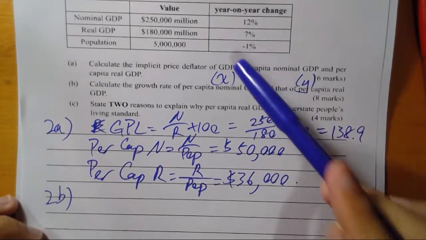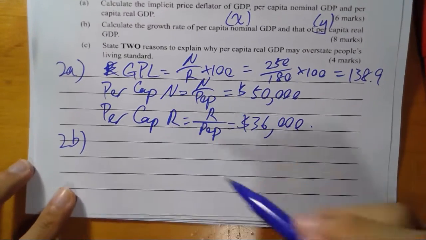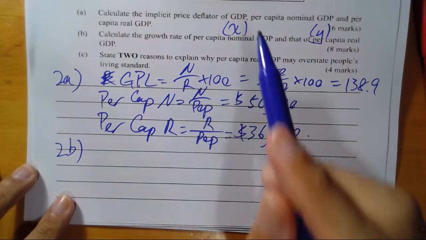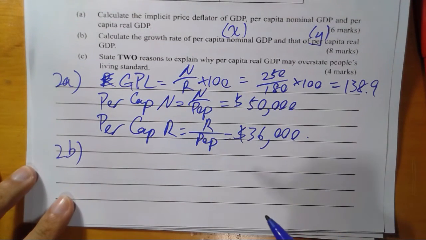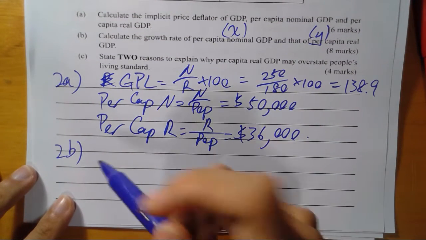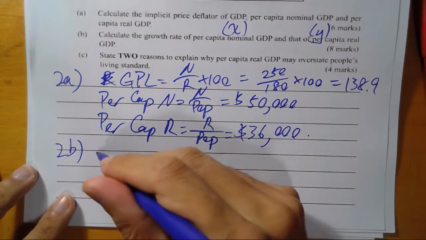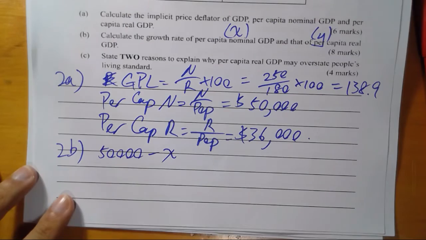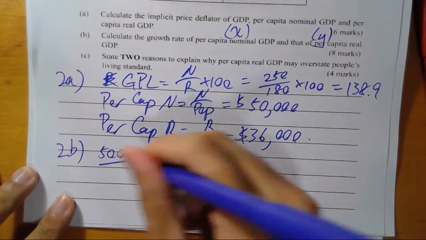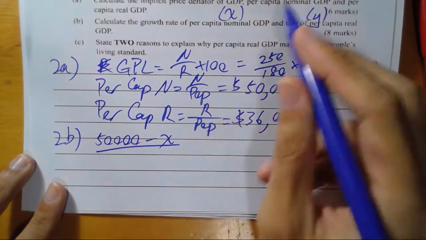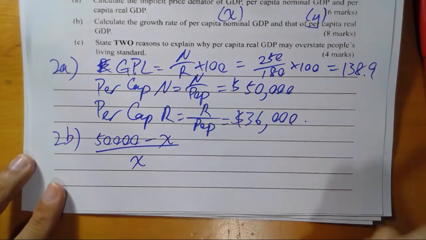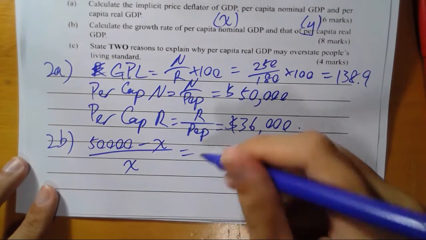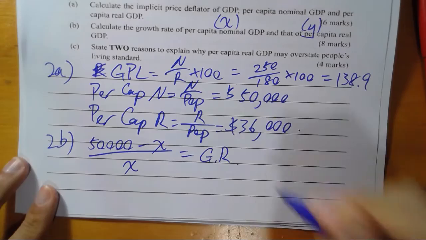X is the old per cap nominal GDP. 新減舊，新係幾多啊？This amount minus this, divided by this, 新減舊除舊, equals the growth rate.